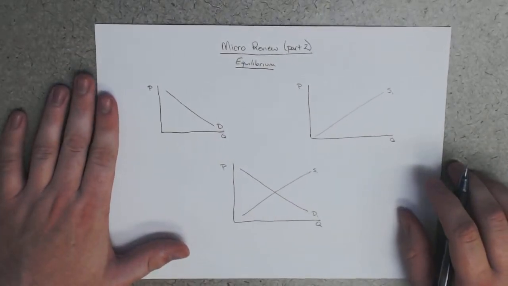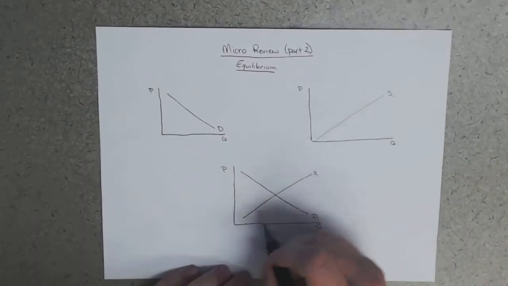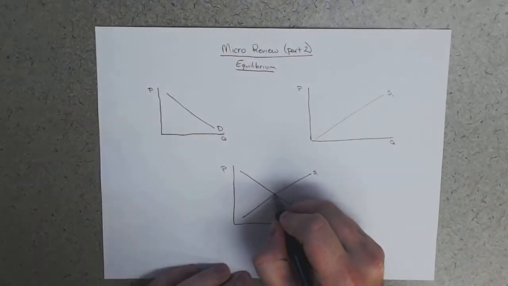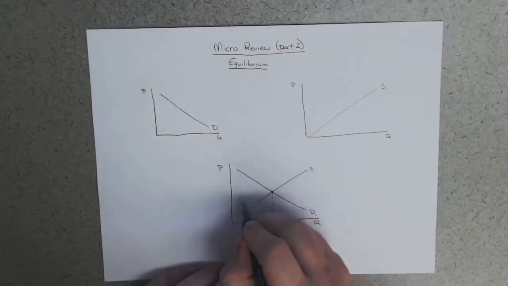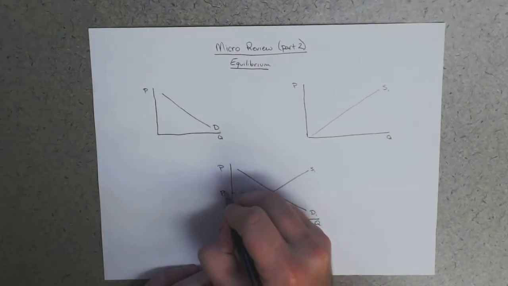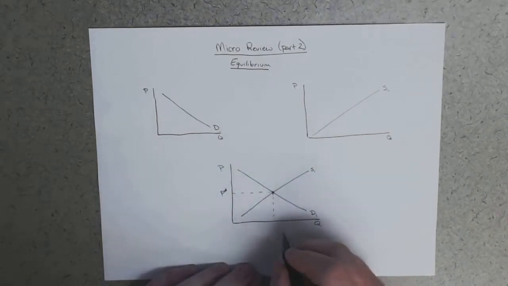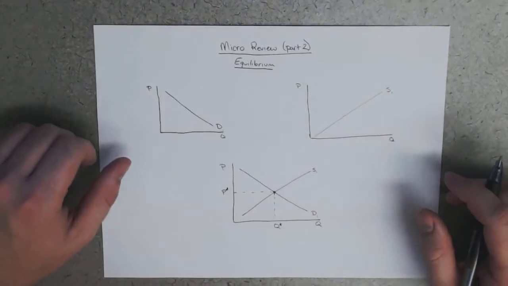Now, notice that the supply curve and the demand curve cross exactly once, at this point here, which we call equilibrium. I'm going to denote it as P star and Q star. Different textbooks use different notation.